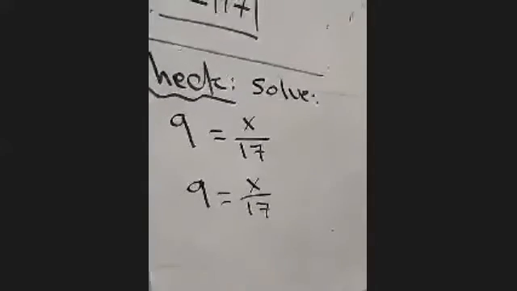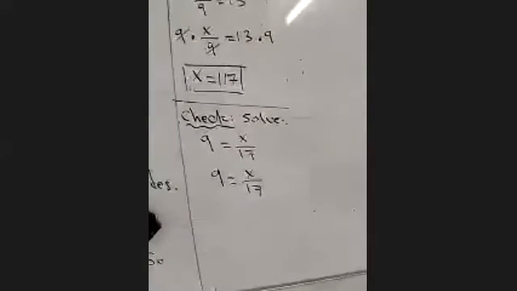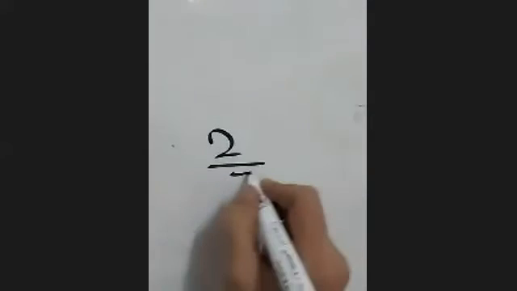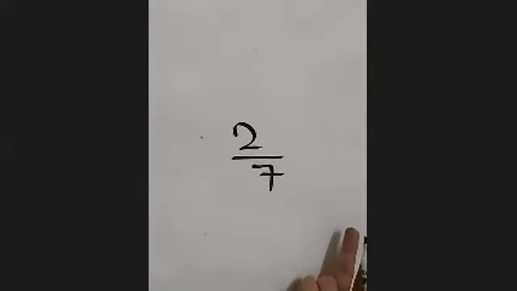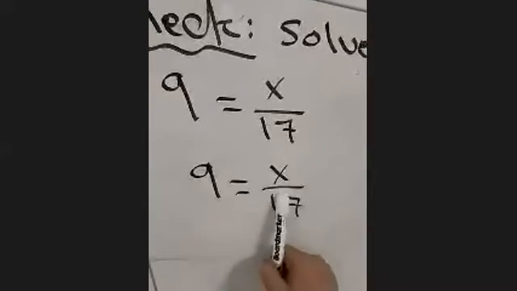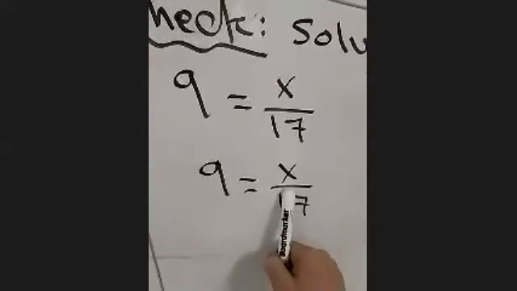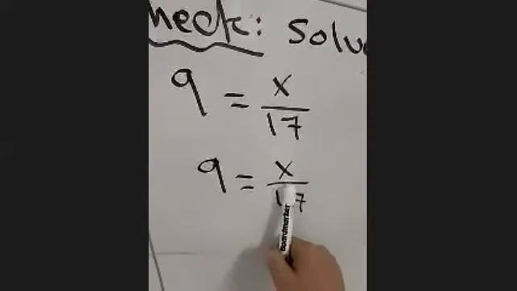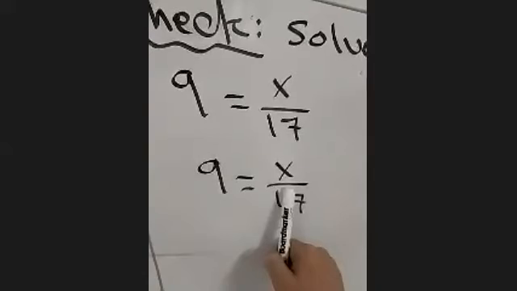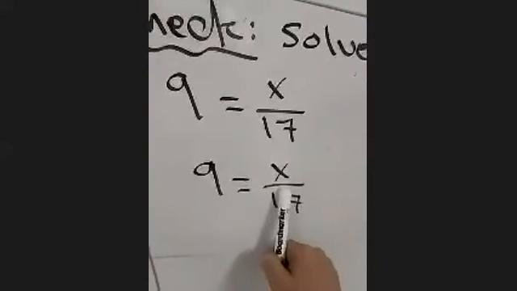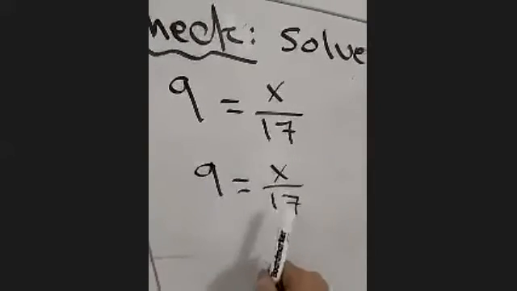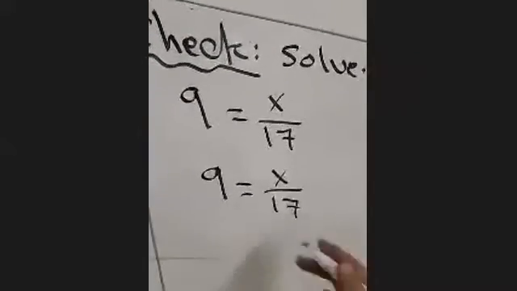If you want to multiply 2 by 7 you write 2 over 7 like this, the multiplication. What's the matter with you? Is this line multiplication? No, divide. Why do you say yes all the time? I already have division.